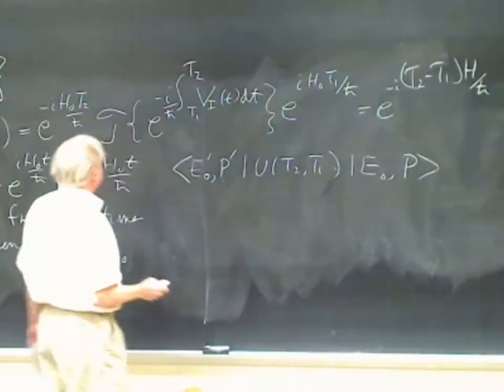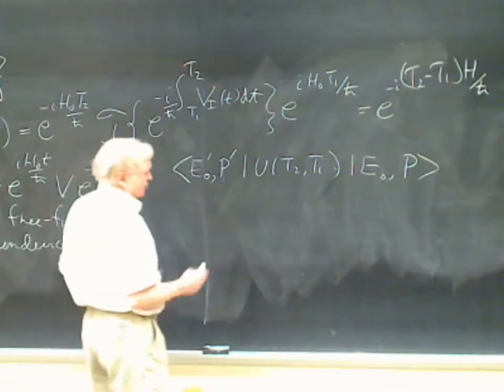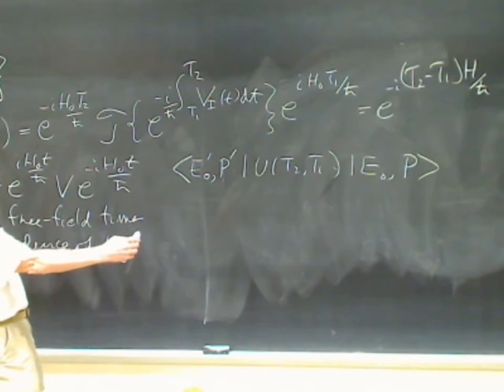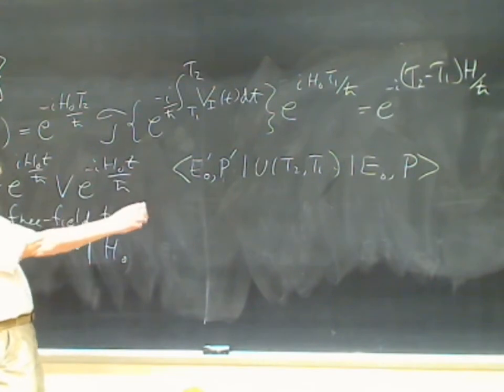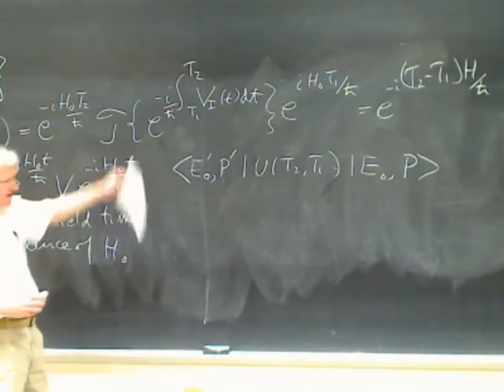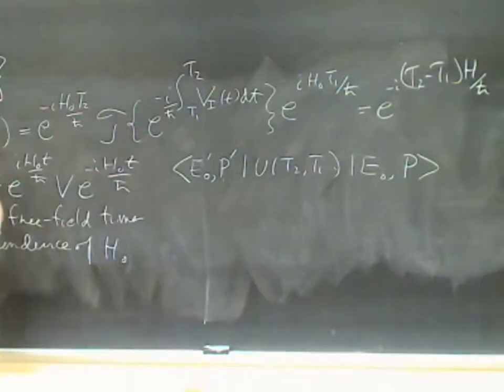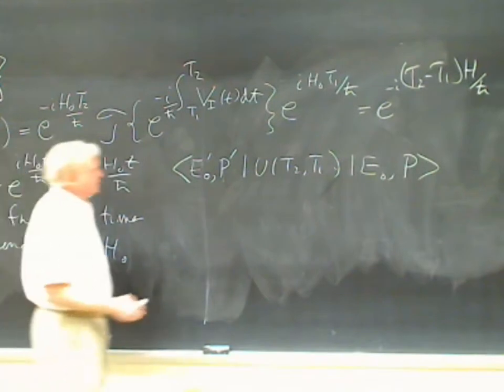We'll be taking matrix elements of this, imagining that the scattering process takes a very long time for the beam to come in from the accelerator and go out to the detector, and we'll be letting t2 go to plus infinity, t1 to minus infinity.